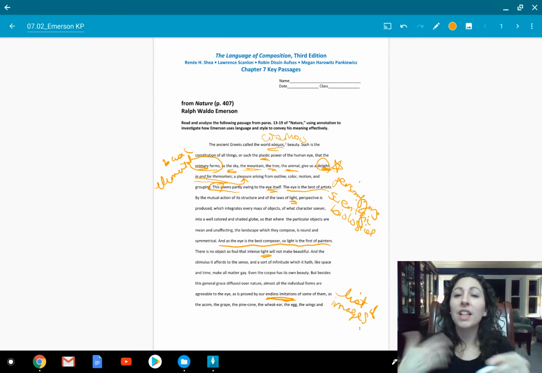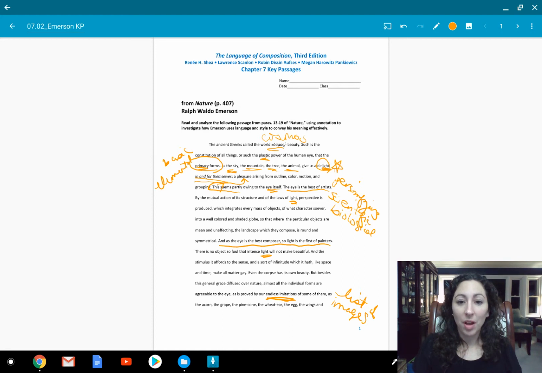And so those are his examples of the individual forms which are agreeable to the eye. So he gives us very specific examples in a listed form so that we feel that sense of bounty of all that nature has to offer us and that we are able to witness.